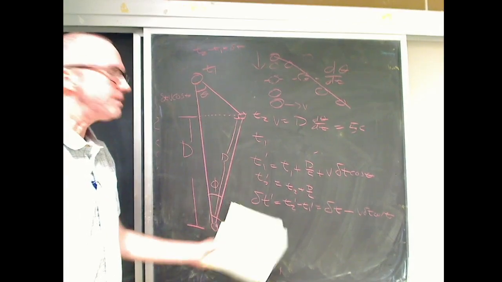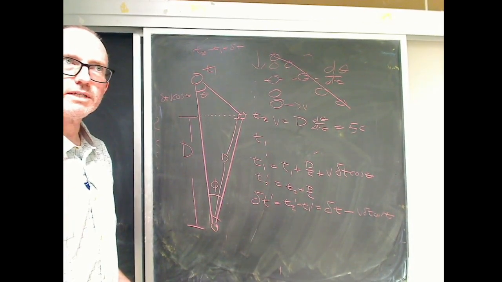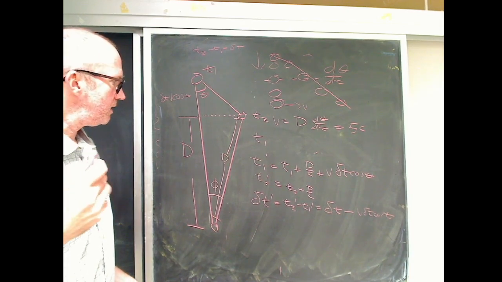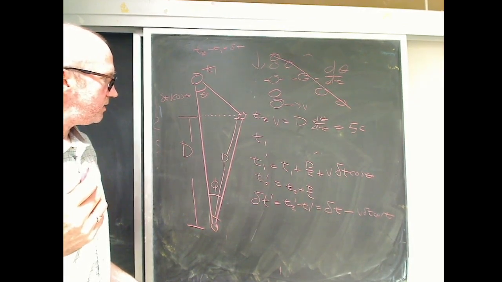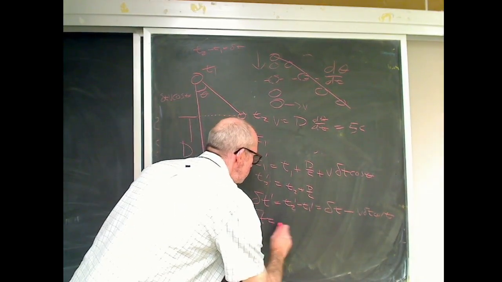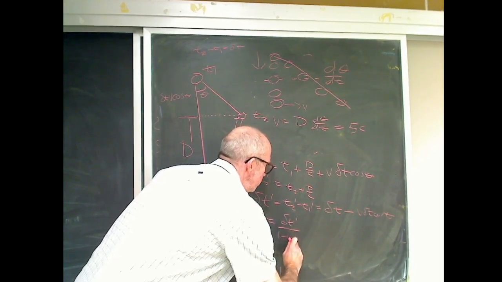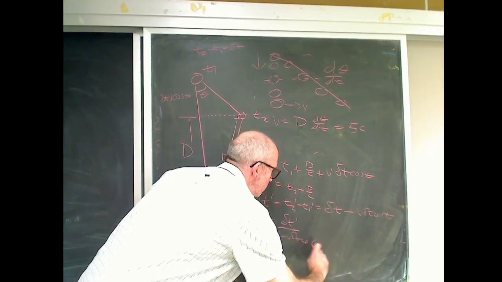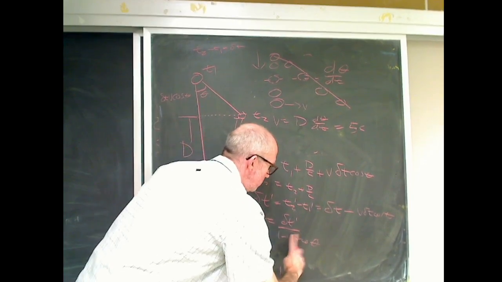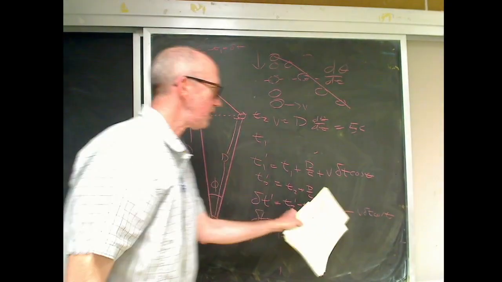Delta t prime is the time that matters for me because I'm the observer. This is when the photons are getting to me. So we can say that delta t prime equals delta t times 1 minus v cosine theta. Oh, the delta t cancels out.